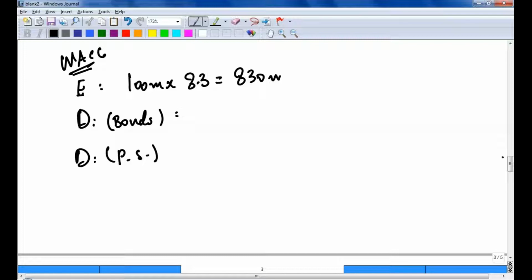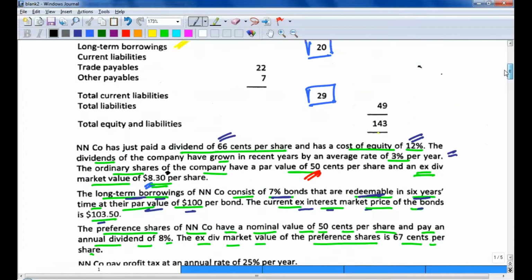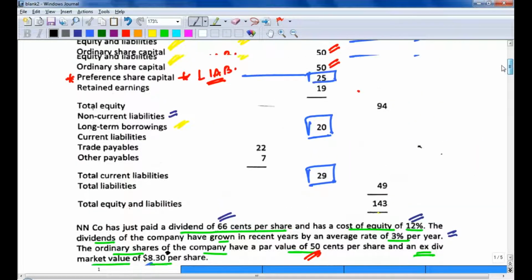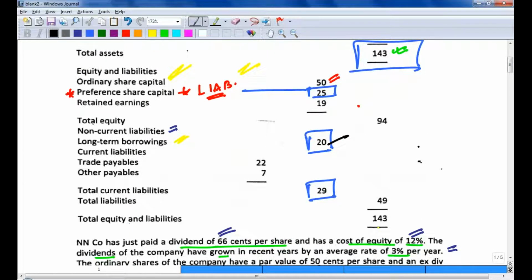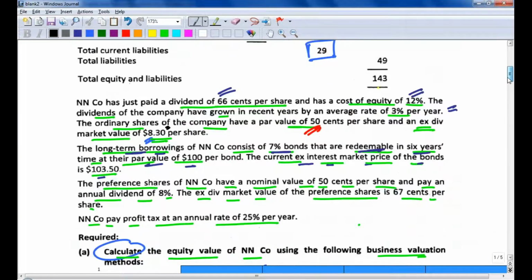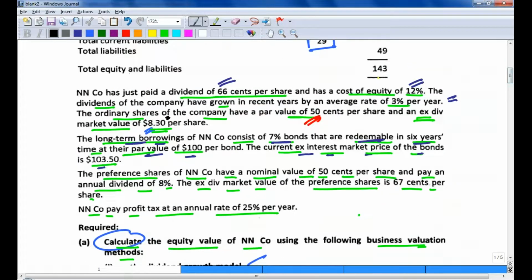Bonds. How much total bonds here? 20. How much total preference shares here? 25. Bonds: par value 100, market value 103.5. Preference shares: 50 cents par value, market value 67 cents.